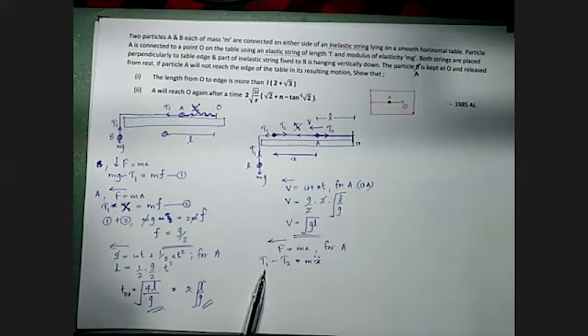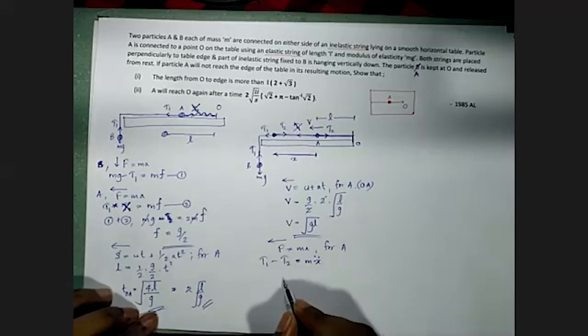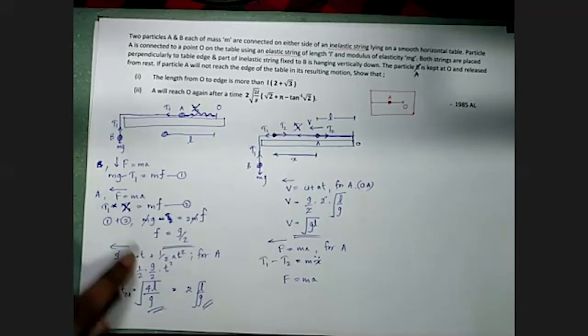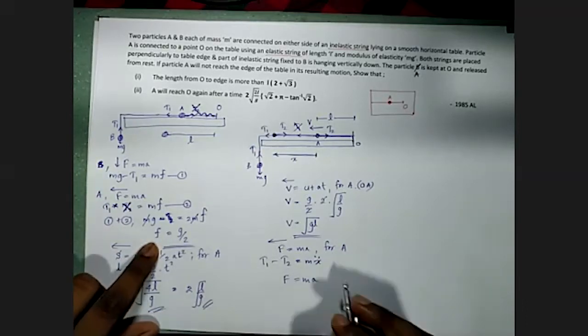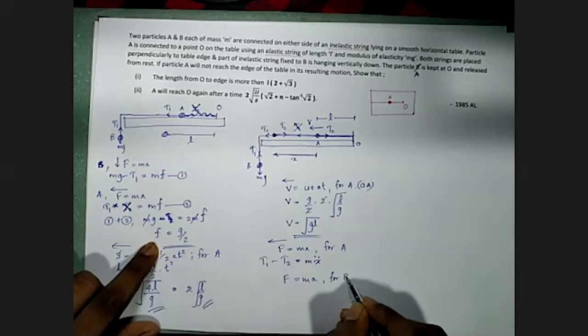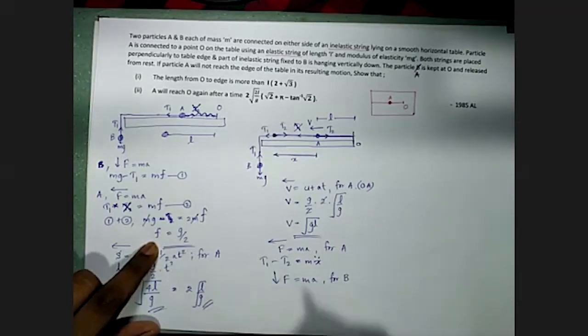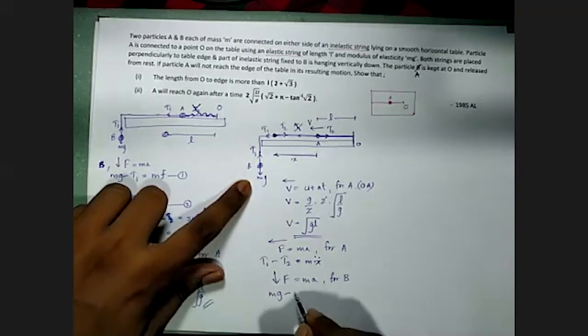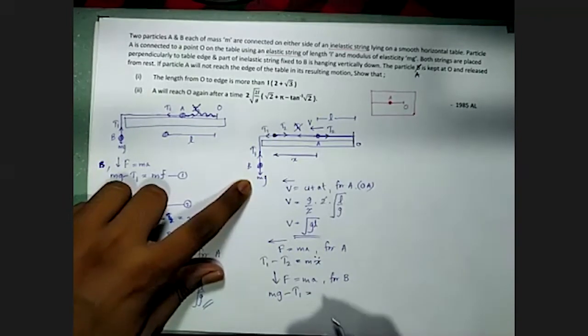But we can't find T1. T1 is the tension of the inelastic string, and we don't know that value. Therefore, I have to consider F equals ma for particle B also, like in the case where we found the common acceleration. This is for particle B, it is moving down under mg minus T1 force.